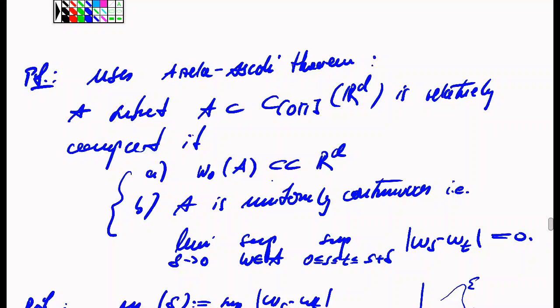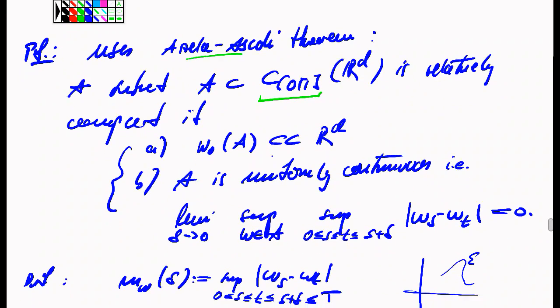sufficient condition for compact subsets in the set of continuous functions. Recall that a collection of functions on a compact set is compact, or pre-compact, with respect to uniform convergence basically if and only if it is uniformly continuous. And this is exactly the content of the Arzelà-Ascoli theorem, which I want to formulate here in the given situation.